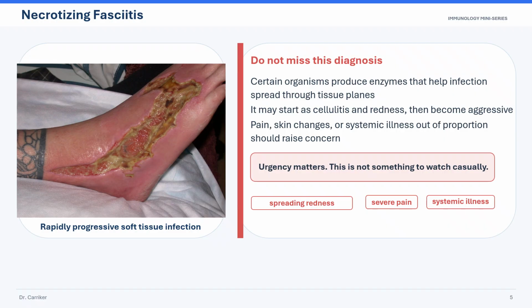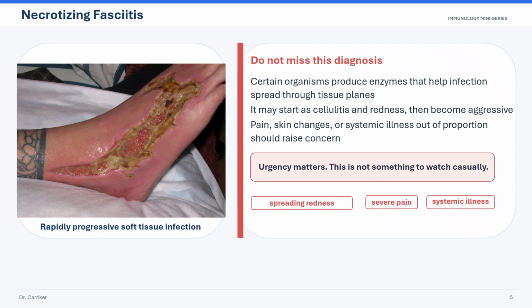Necrotizing fasciitis. Necrotizing fasciitis is one of those diagnoses where you don't want to miss it. If you see it, definitely refer it out for proper identification and diagnosis. Certain organisms are going to produce enzymes that help the infection spread through tissue, and they're going to destroy the surrounding structures very rapidly.